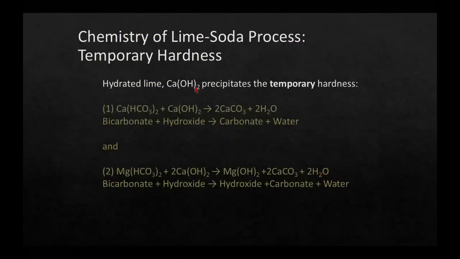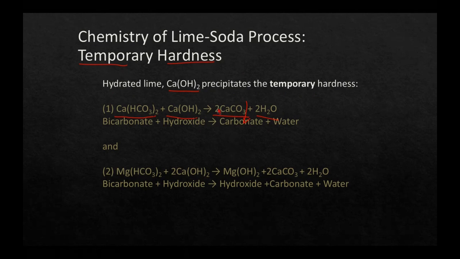So let's take a look at the first set of reactions involving calcium hydroxide. Now this is going to be for temporary hardness. So we have calcium bicarbonate as one form of temporary hardness. Calcium bicarbonate plus calcium hydroxide yields calcium carbonate, which is a precipitate, and water.